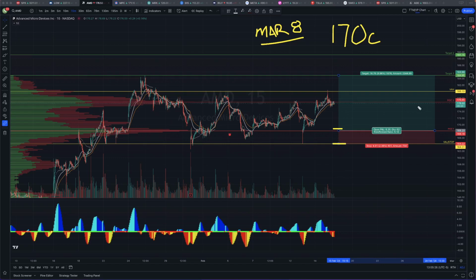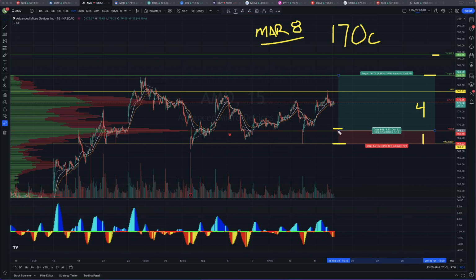I have a 4-to-1 risk reward, and my target is number 1. So that's target 1 with a trailer on for target 2, depending on how many options I buy within my risk parameters. That is the trade plan for AMD.